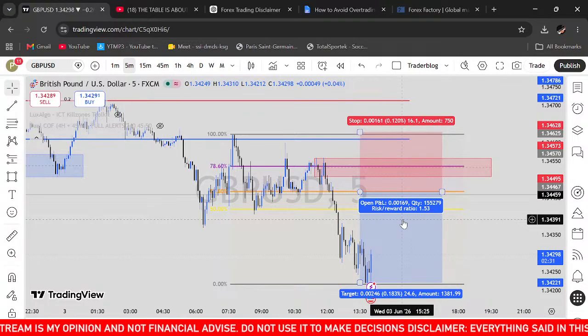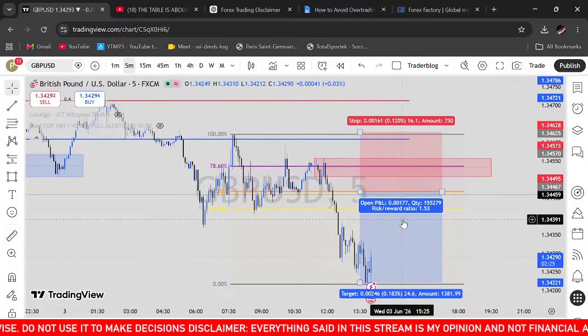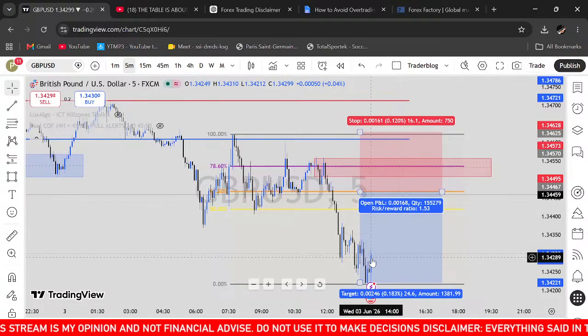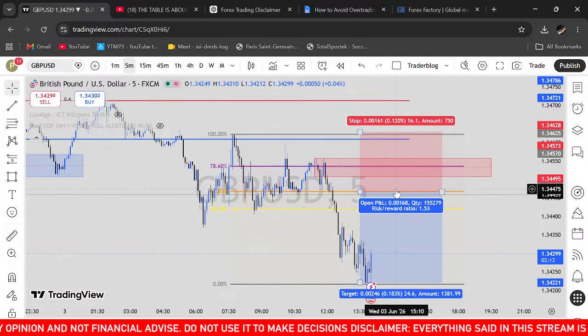Number 2 is entering multiple positions on the same idea. We just discussed that. Number 3 is trading every market movement. For example, I know I want to sell, but I know the market has to move up for me to be able to sell.